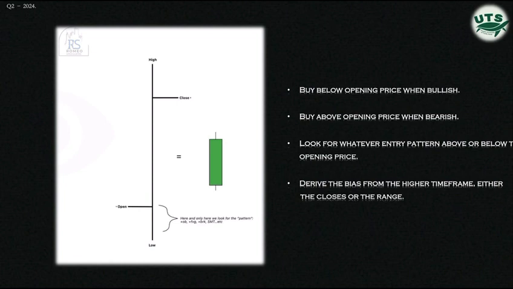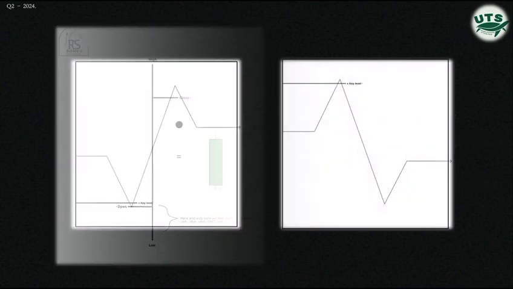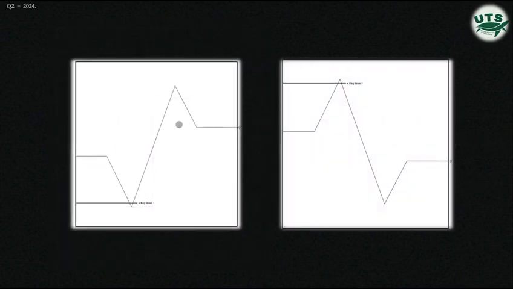Derive the bias from the higher time frame, either the closes or the range. So if the higher time frame closes above, then you look for price to dump below the open and rally, and vice versa. Open, key level, rally. Open, key level, rally.